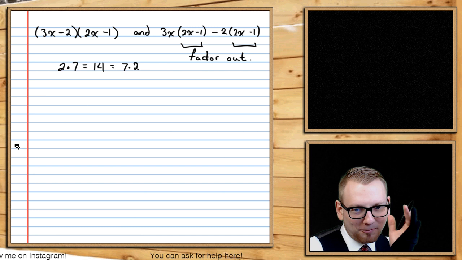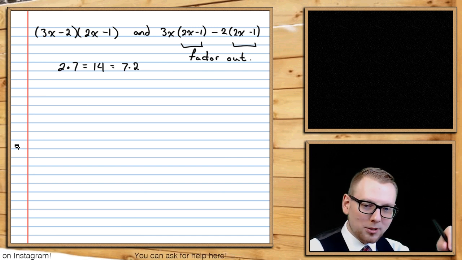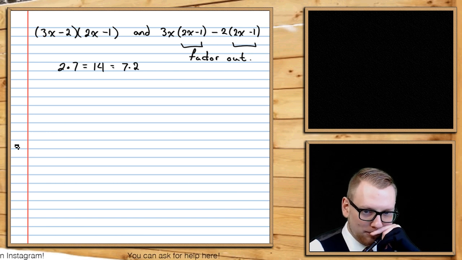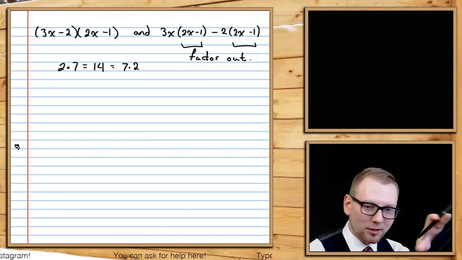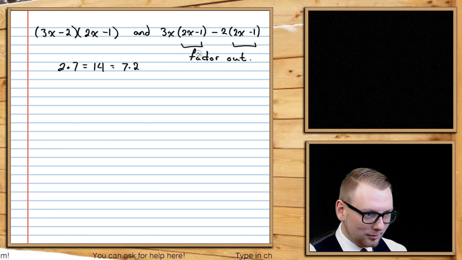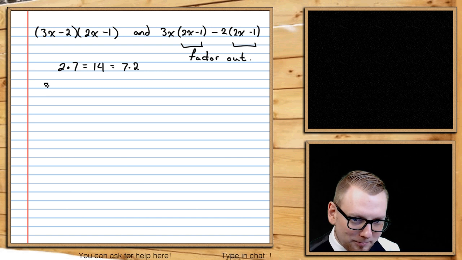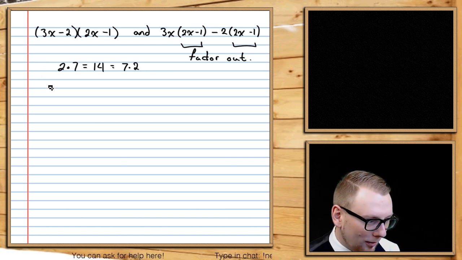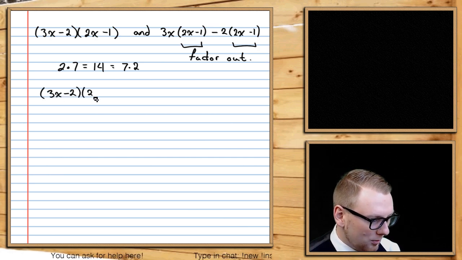Now, I'm going to actually make you redo the first question, but go the other direction. Just so you can see how it will work both ways. We started with factoring. Now we're going to go with the other direction. We're going to start with the 3x minus 2 times the 2x minus 1.